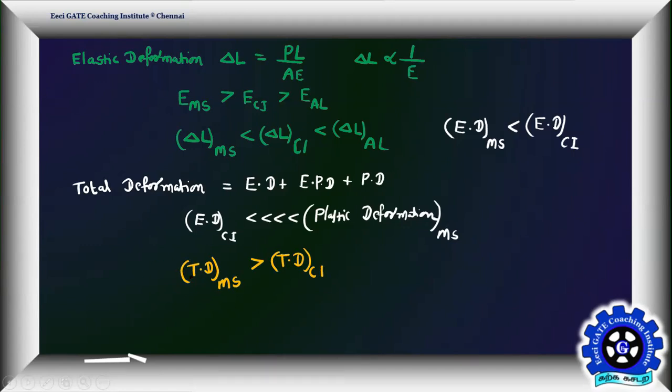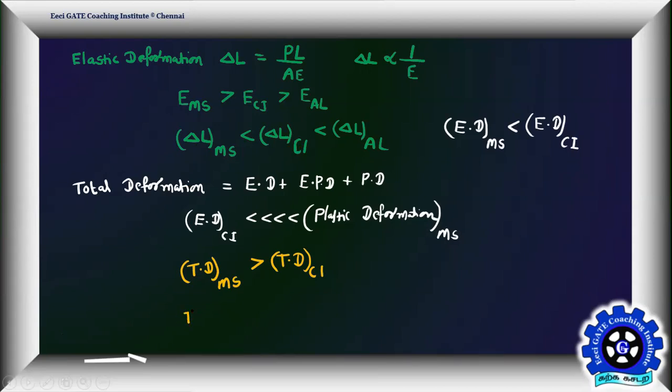In the total deformation, first one is mild steel, second one will be aluminum, finally cast iron. That is correct.